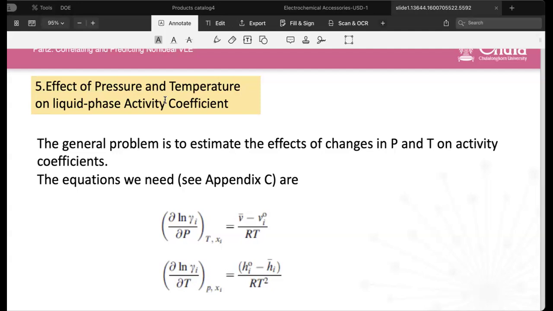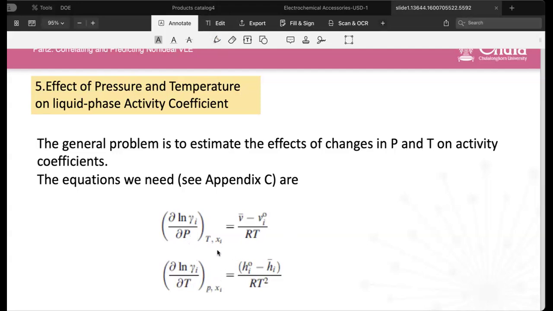Now we have to consider this equation, because this relates the activity coefficient model with pressure and also the activity coefficient with temperature.